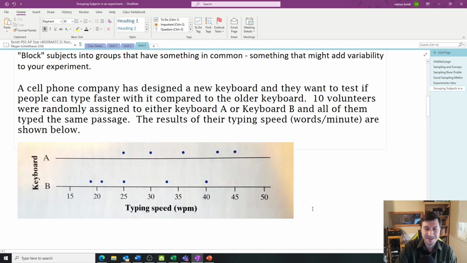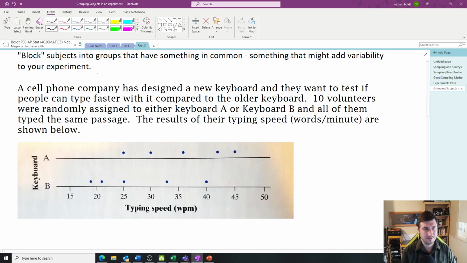All right, so they randomly assign these people. 5 of you go to keyboard A, 5 of you go to keyboard B, type it out, and there are our results. And if you look at that, it's kind of inconclusive, right? I mean, A kind of looks better, but not really. Look at this overlap.